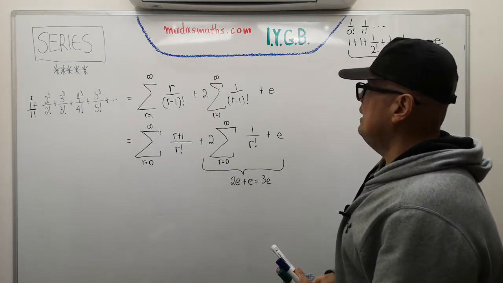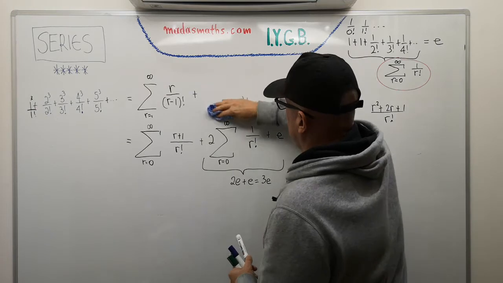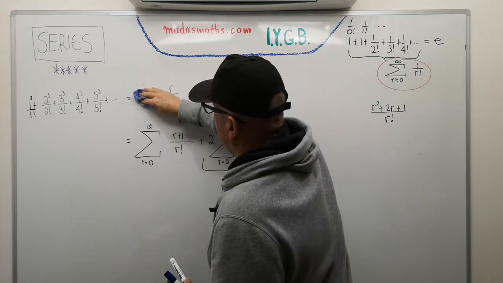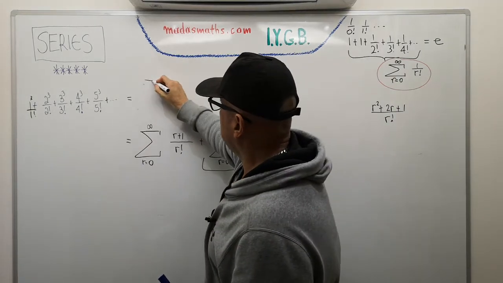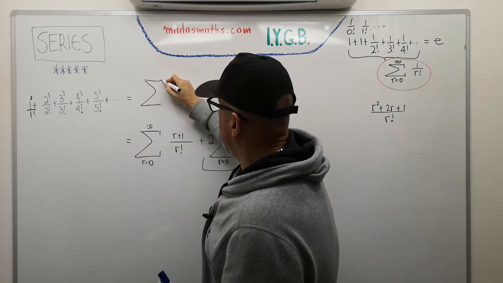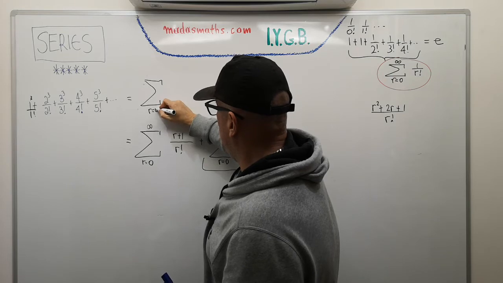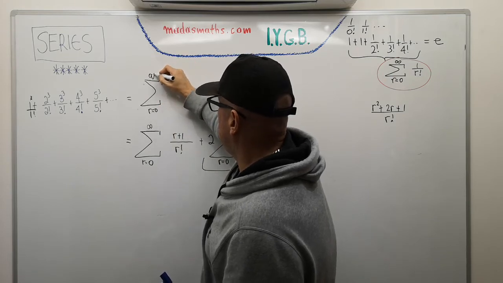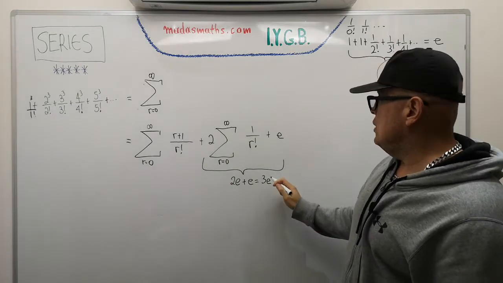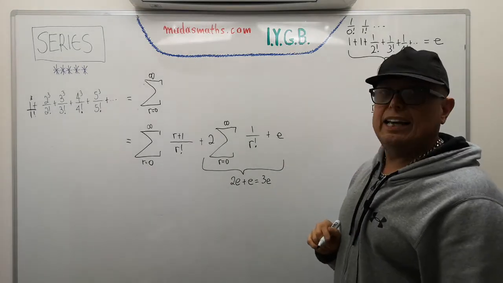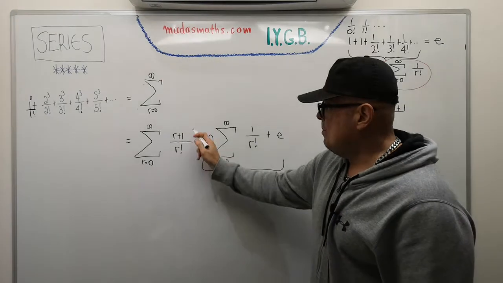So let's write on the top again, so it's easier to see, the stage we're in at the moment, which is of course this sigma from r is equal to 0 to infinity of this quantity. Shall I write it again exactly like that, just merely to add plus 3e at the end? I guess we can do more than that. We can actually split the fraction.